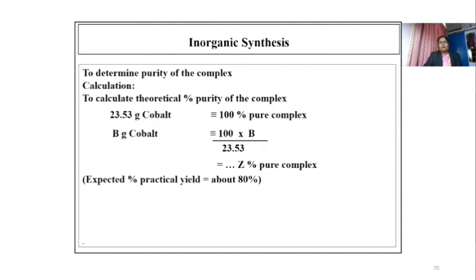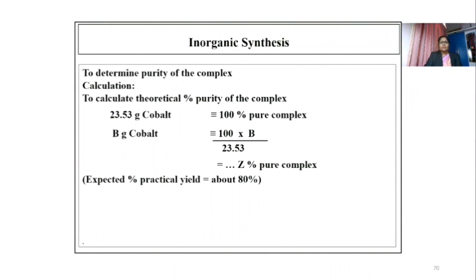To calculate the theoretical percentage of purity of the complex, 23.53 gram cobalt corresponds to 100% pure complex. Hence B gram cobalt corresponds to 100 into B divided by 23.53 is equal to Z% pure complex.